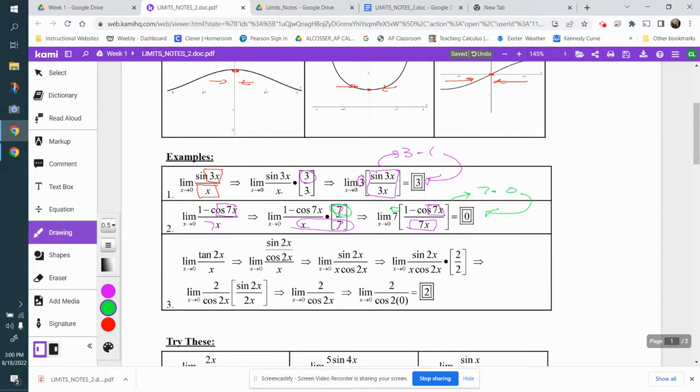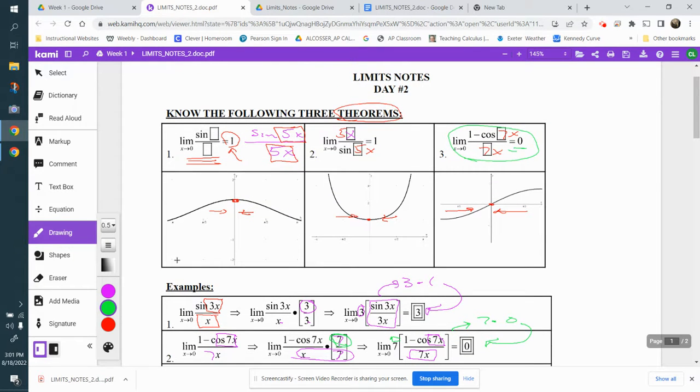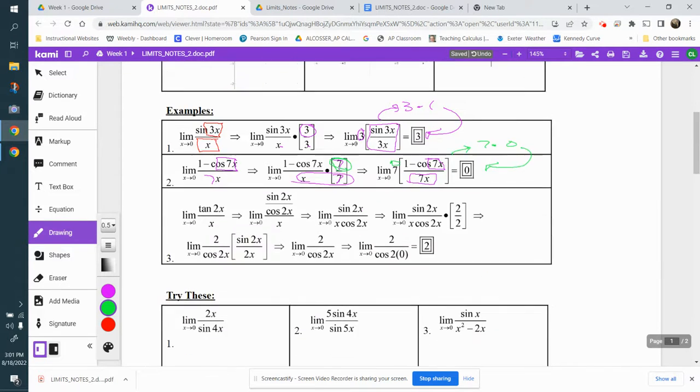So there we go. Now, you guys are looking at this next one like, what the heck just happened? It went from nice and pretty to whoa. Okay, so if you notice in our theorems, we have sine and cosine. There is no tangent theorem. So all of a sudden now, I have the tangent of 2x, and it's like, well, how do I tackle that?